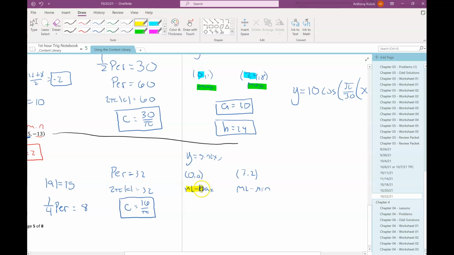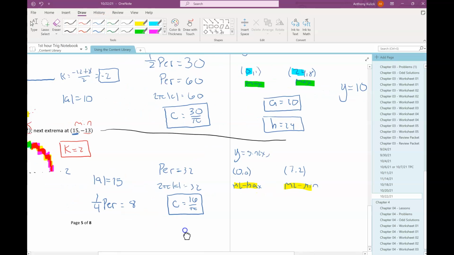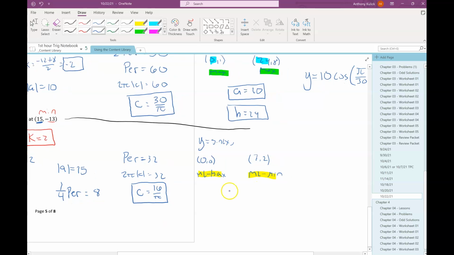If I compare these two, what can I say about A? Has to be negative. Everybody's okay with that? Since they're the opposite kinds of midline points. So the A we said in this case was 15.